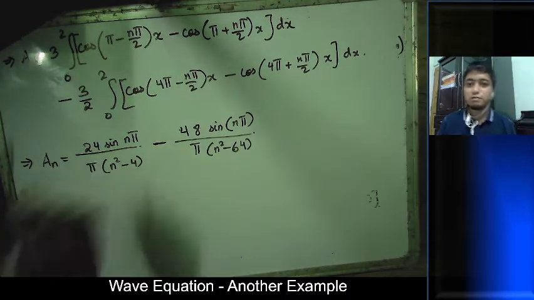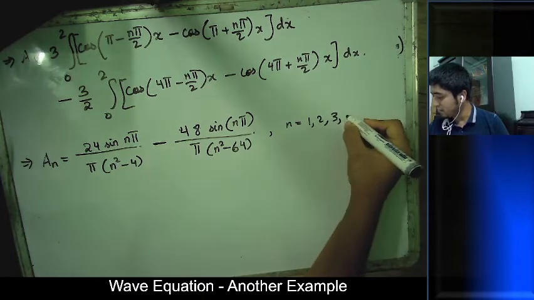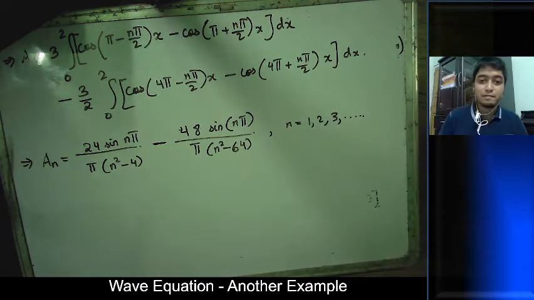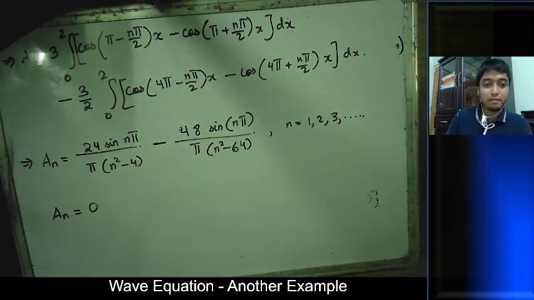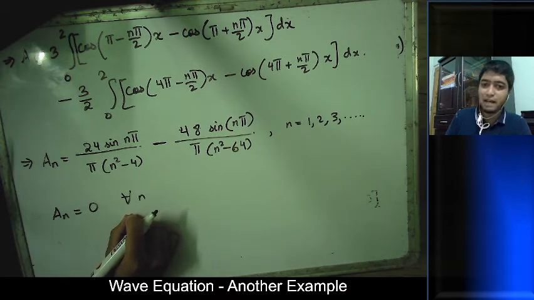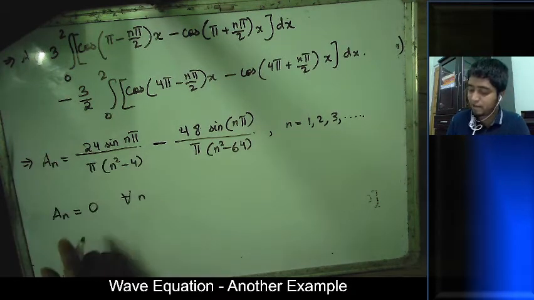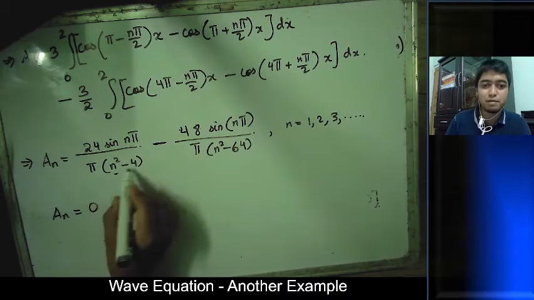Okay, and over here you should remember that the value of n can be natural numbers. So over here we may be tempted to write that simply aₙ equals 0 for all n, but we have to be very careful, because n² minus 4 can be 0.